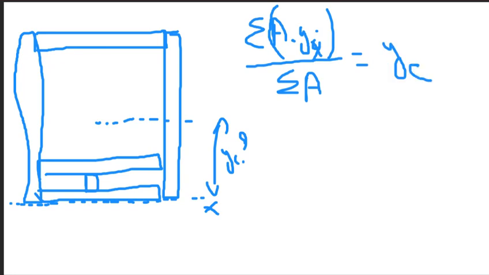That's the formula you need to apply. So far so good. Will you be able to calculate this at home? It's just multiplying the cross section of every segment element individually by its distance towards x, divided by the total sum of all the areas. It gives you the distance yc. So far so good? Yes or no?